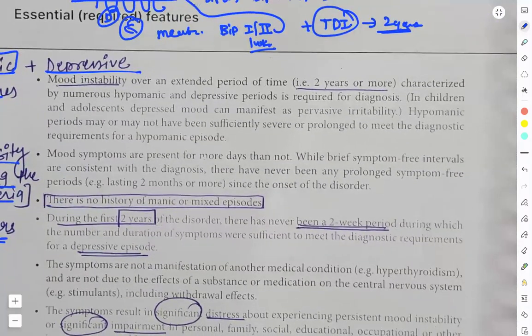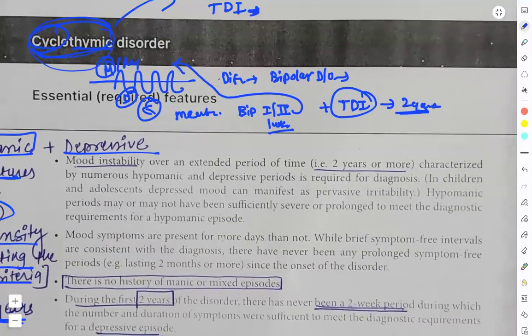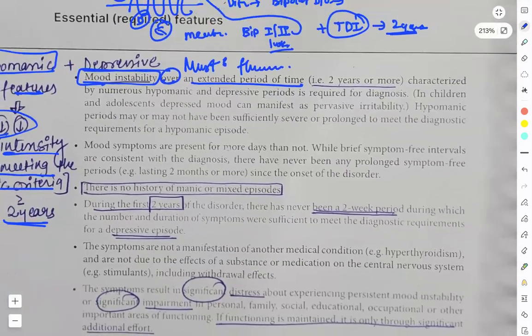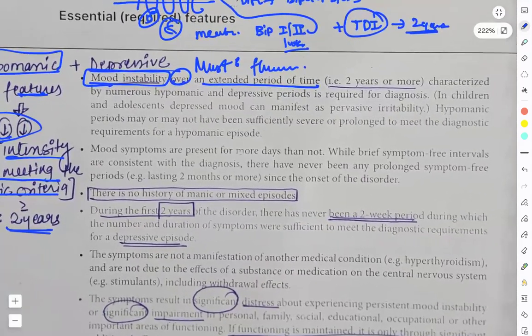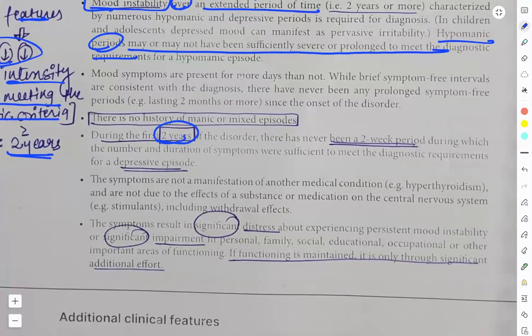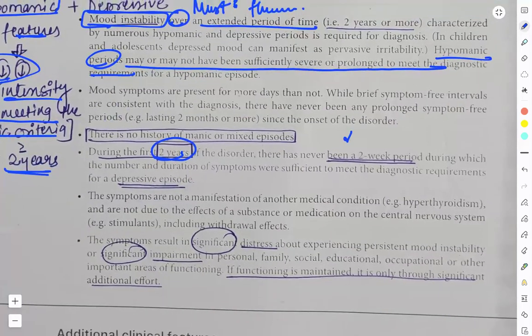What is important here is that there must be mood instability, so fluctuations in the mood over an extended period of time. They are saying hypomanic periods may or may not have been sufficiently severe or prolonged to meet the diagnostic criteria. Now, this is very, very important: during the first 2 years, there has never been a 2 week period where the diagnostic criteria of the depressive episode have been met.